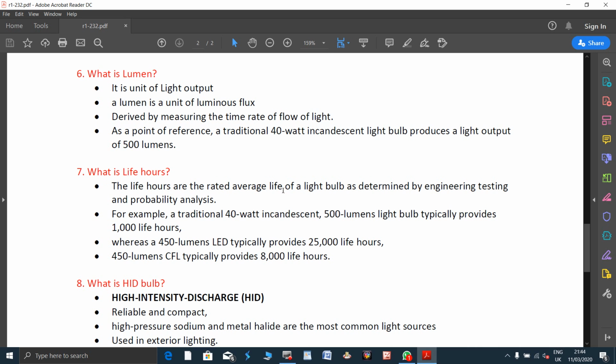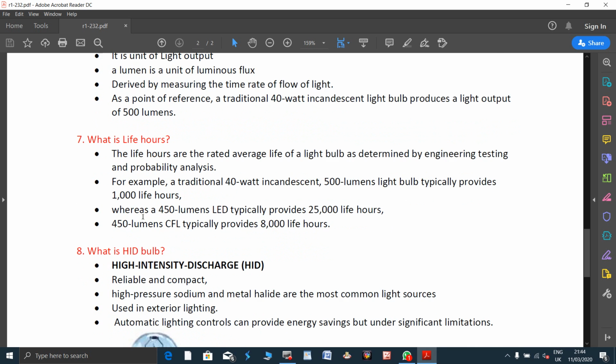So you can see that the lifespan of LED bulbs is more than the ordinary incandescent, the filament type of bulbs. And CFL type of fluorescent lamps, compact fluorescent lamps, have about 8,000 life hours, which is more than incandescent bulbs. So life hours basically is the time span that you can expect from a bulb.